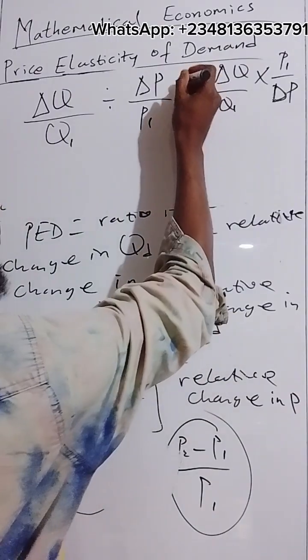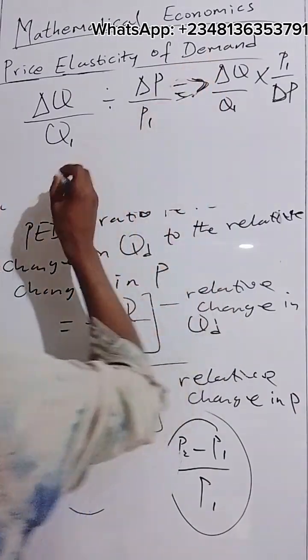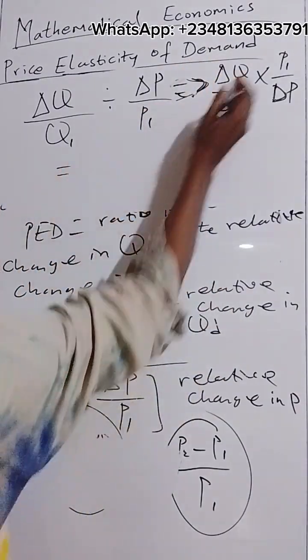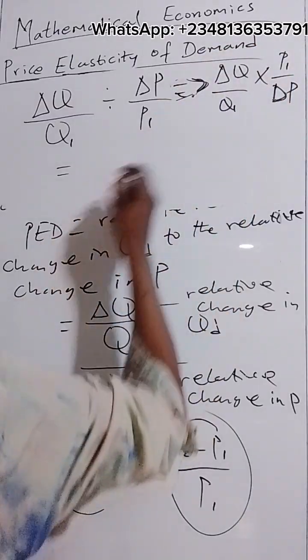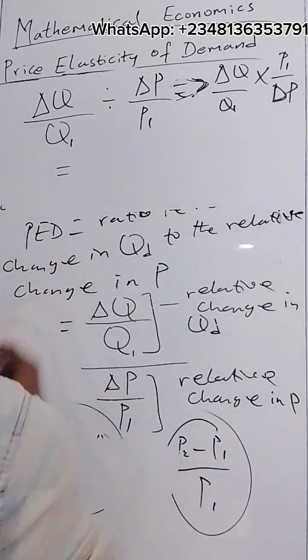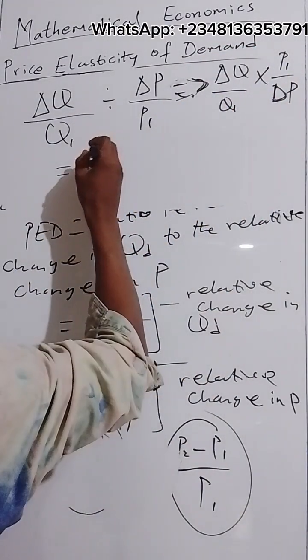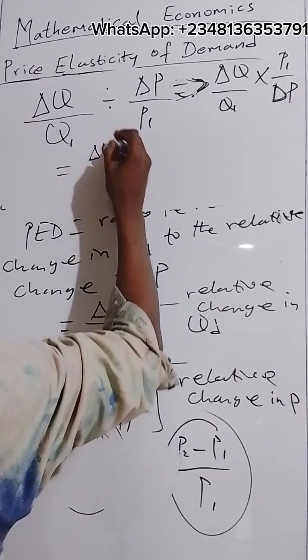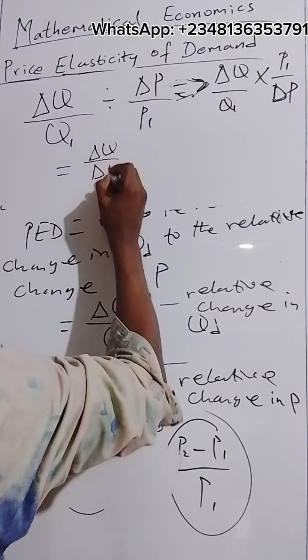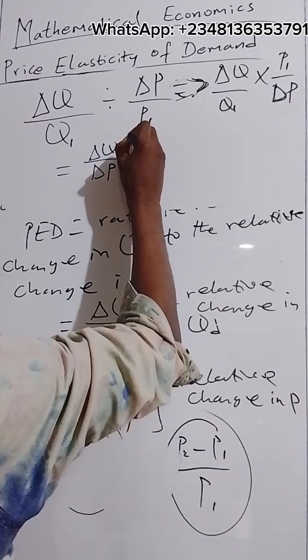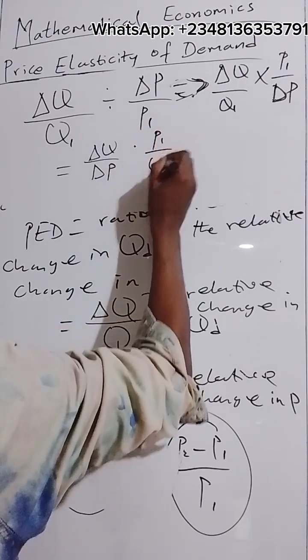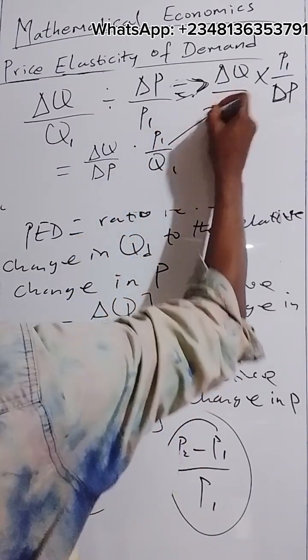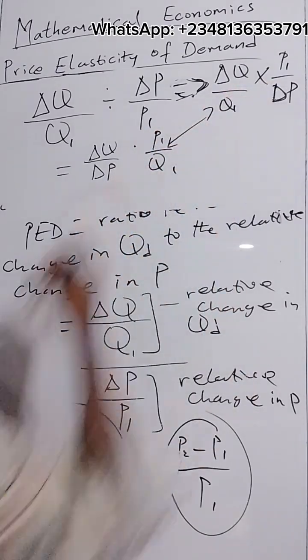So I can simplify further by swapping the denominator. That is, I'm going to have change in Q over change in P, multiplied by P1 over Q1. So this and this are equivalent.